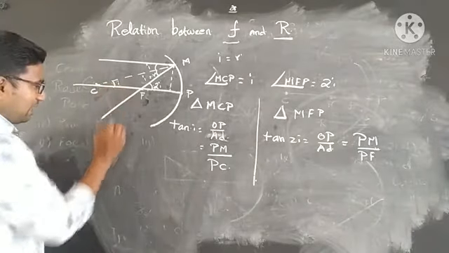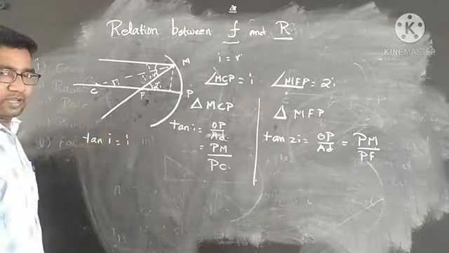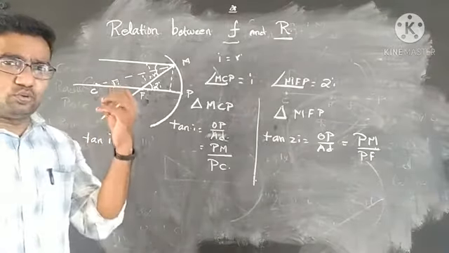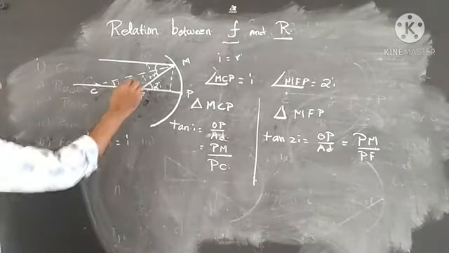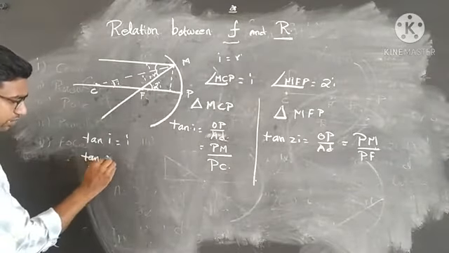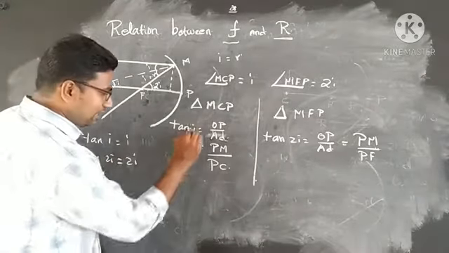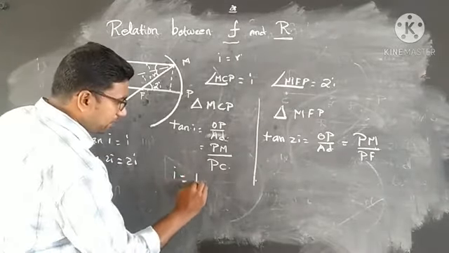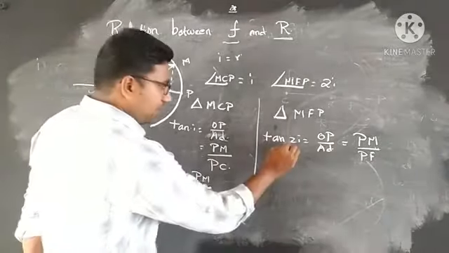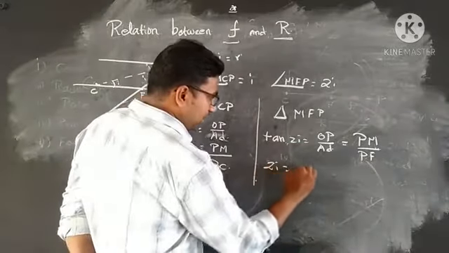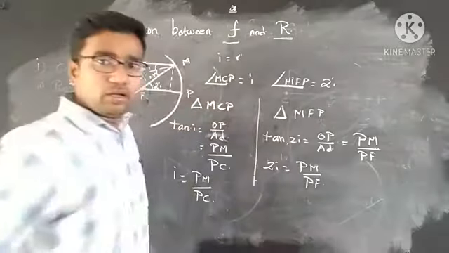Sir, tan I is equivalent to I because I is very small. So let me consider tan I equal to I. Eventually, tan of 2I is also considered as 2I. So now I am going to write I equal to PM by PC. Here 2I can be written as PM by PF. Okay?